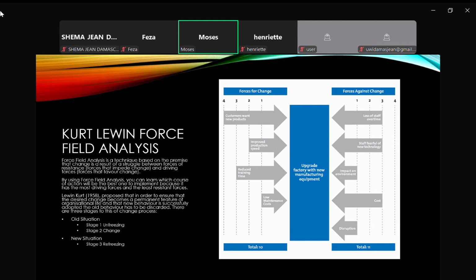It also helps you to determine the forces or factors that are against change and attempt to minimize the impact or the strength of those negative factors. Tackle them before you implement change.